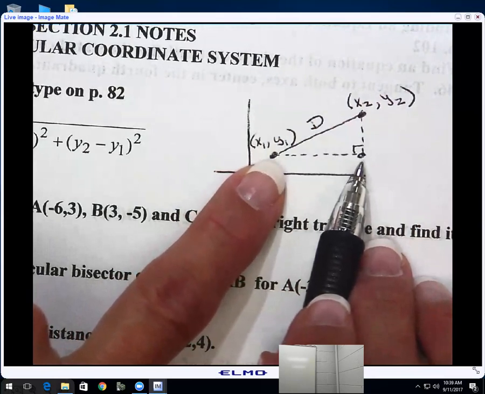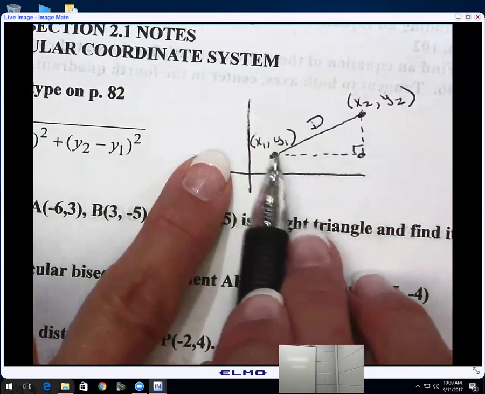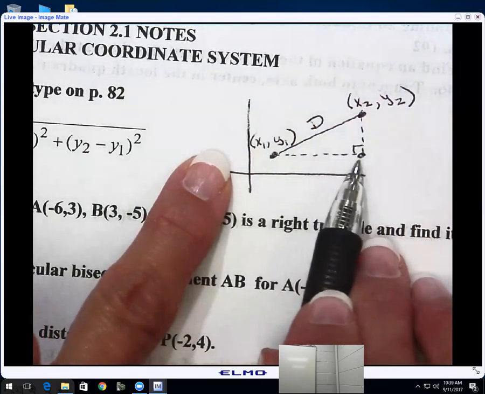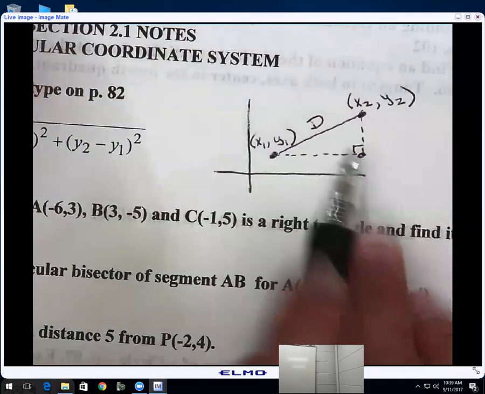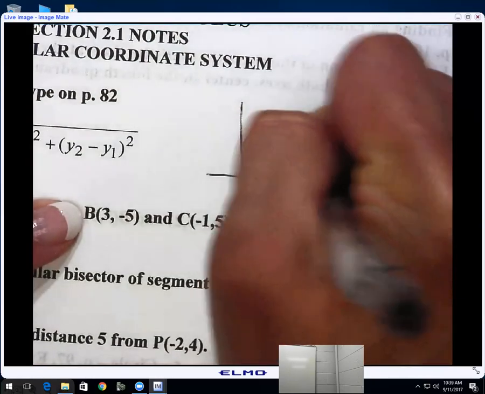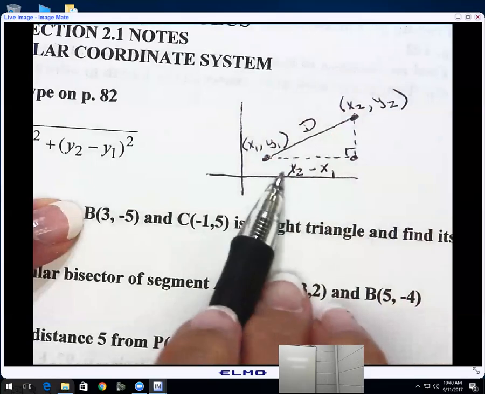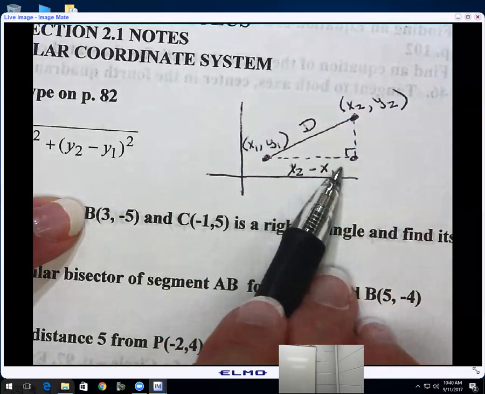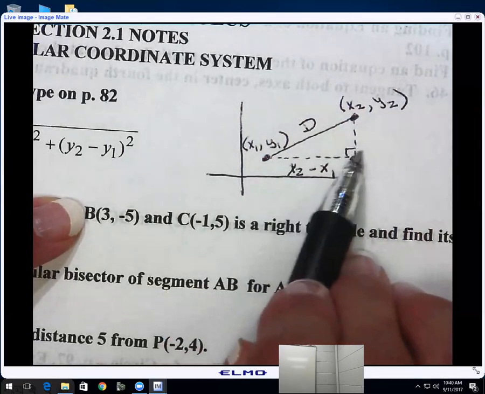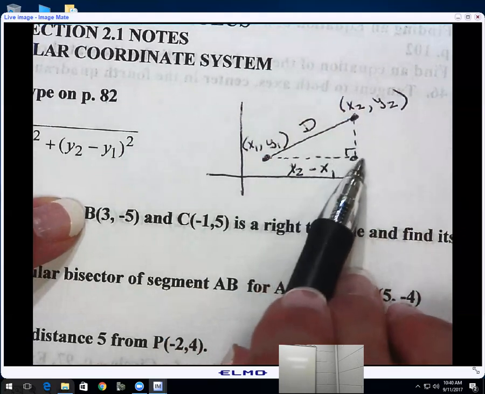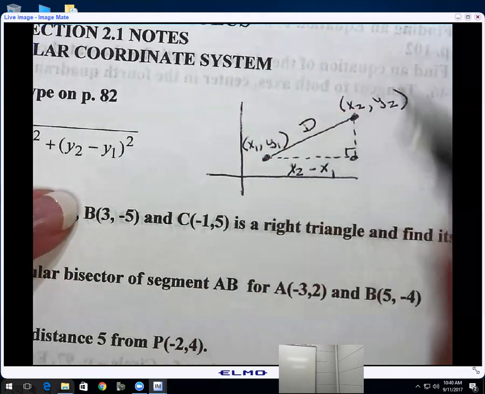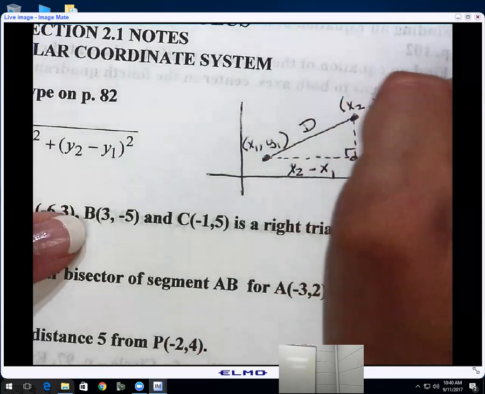But I didn't use blocks. You absolutely could. If I go from x1 over to x2, just subtract x2 minus x1, and it'll give you that horizontal distance. What will give me that vertical distance? Subtracting the y's, y2 minus y1.